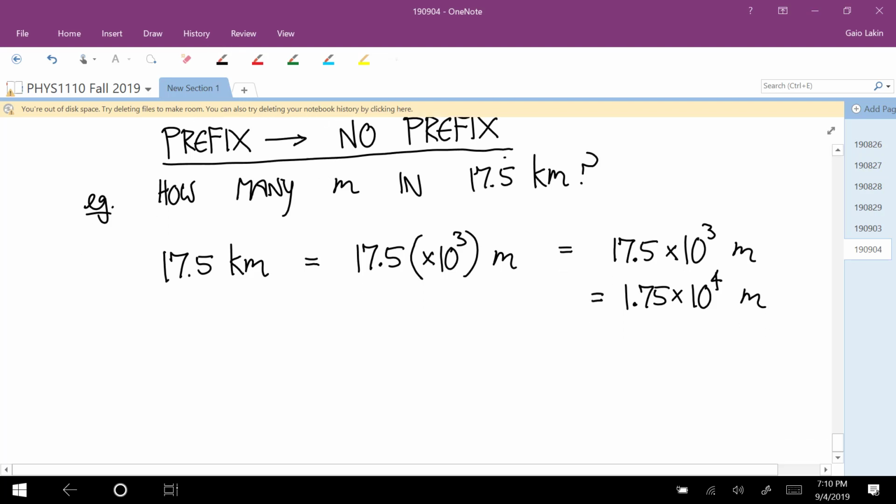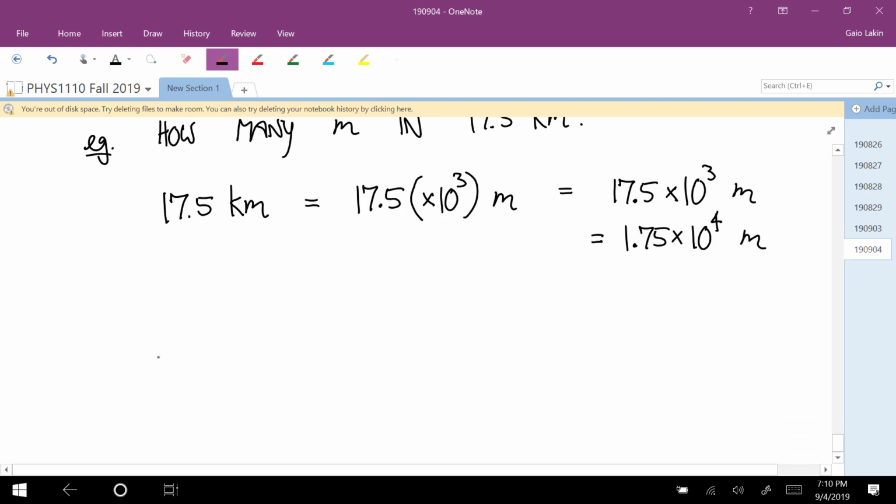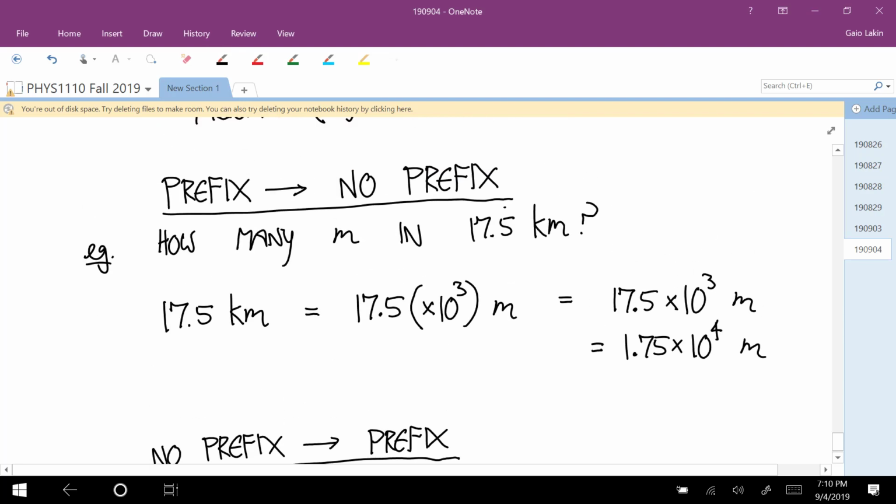And then if you're going from no prefix to something with a prefix, well, in this case, you can't just substitute in for the prefix because you don't have one to start with. So this one you have to do more like a conversion.